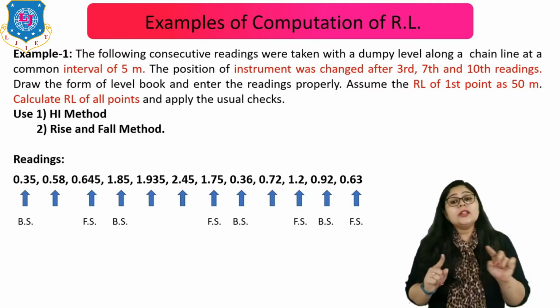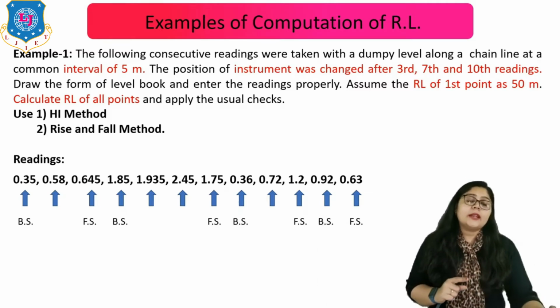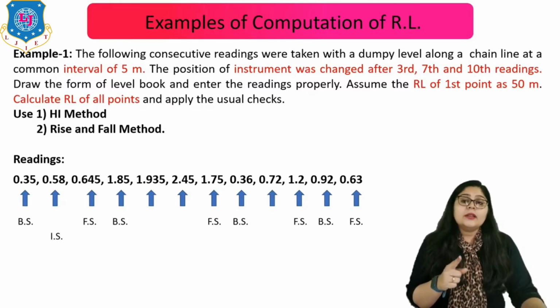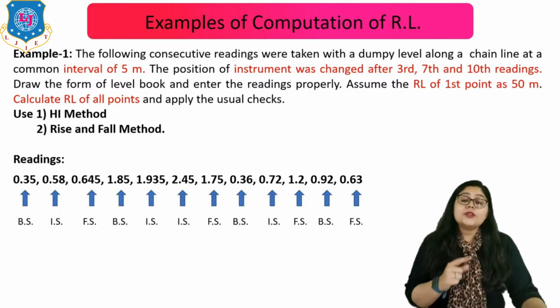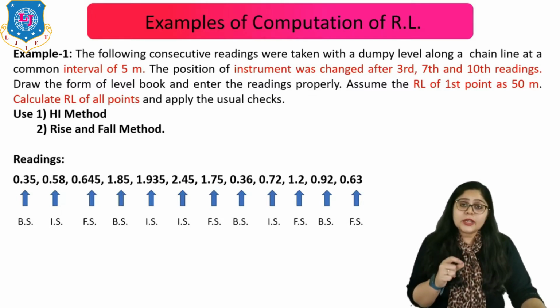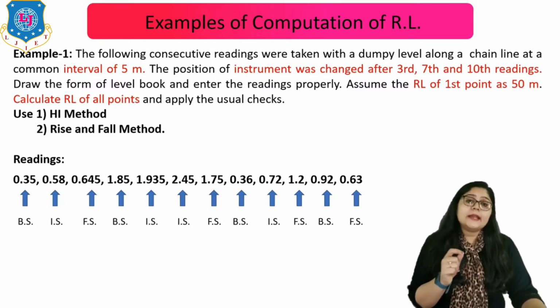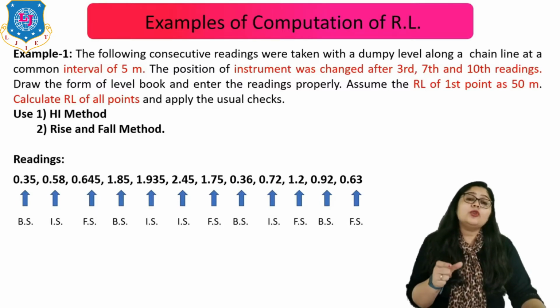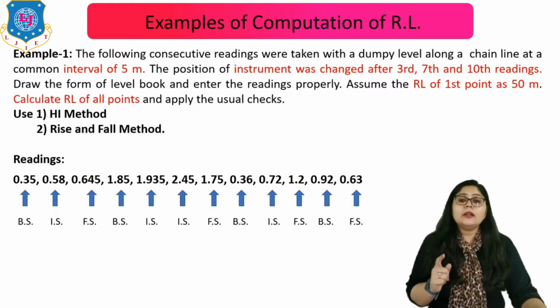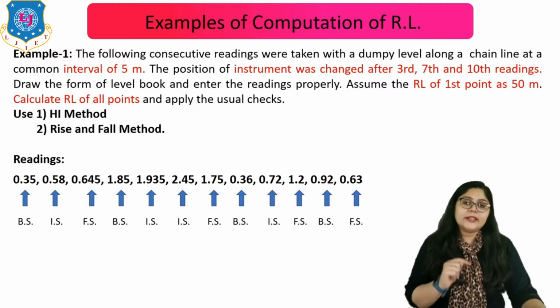Now whatever the intermediate points are there, they all act as IS. So these all are the IS for these readings. This is the concept or logic to identify the BS, IS and FS, right? Once you identify this BS, IS and FS, then you have to prepare the level book, and after calculation you have to provide the checks.